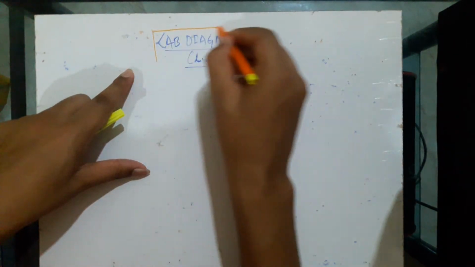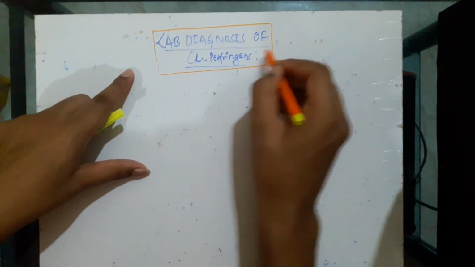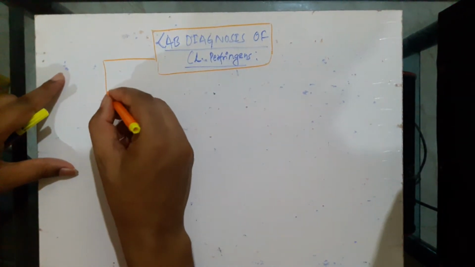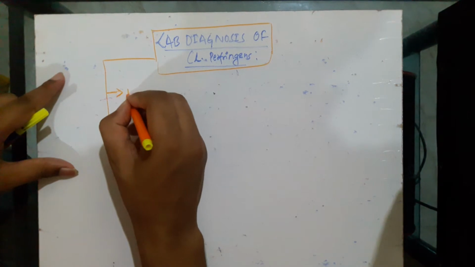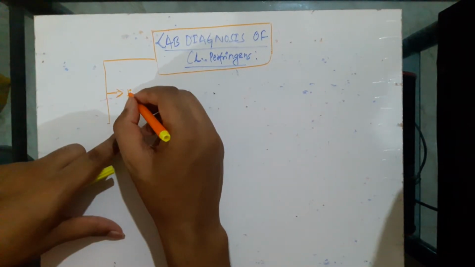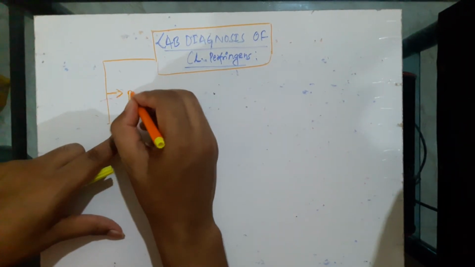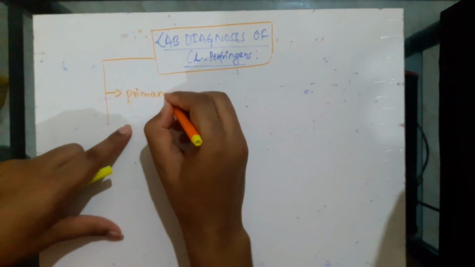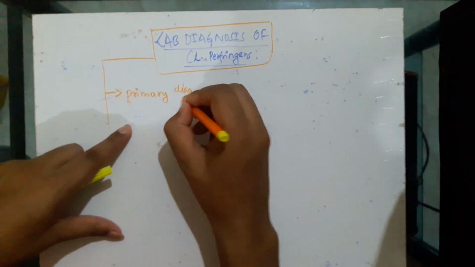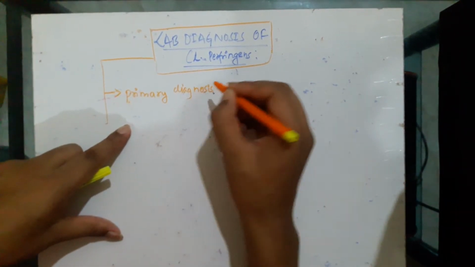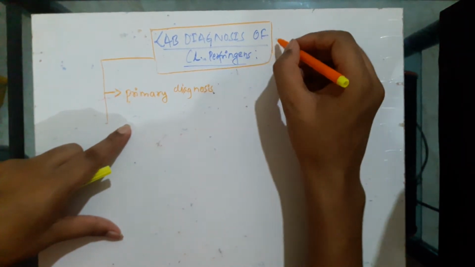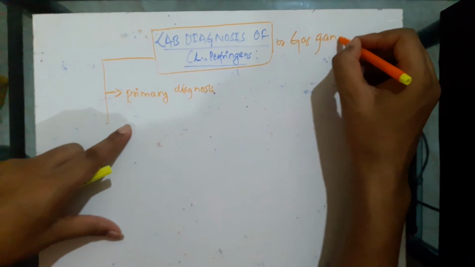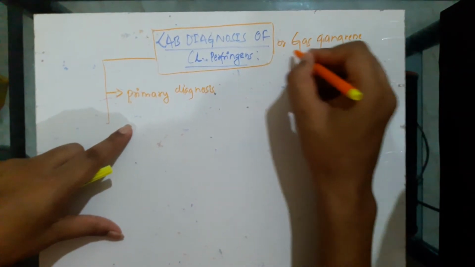In case of lab diagnosis, the first point is primary diagnosis, or you can write here Clostridium perfringens or gas gangrene also. Don't get confused.